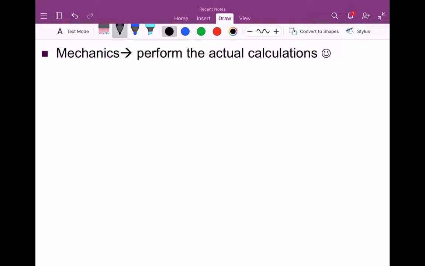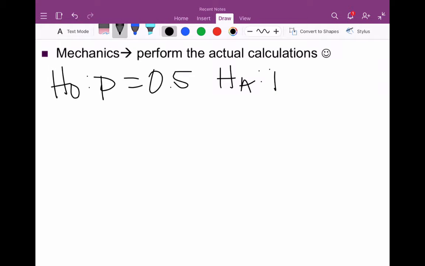Our third step is to perform the actual calculations. In this particular case, it's helpful to have your null and alternative hypotheses right in front of you, so I'm going to go ahead and rewrite them. So my null hypothesis, again, is p equals 0.5, and again, my alternative is that it is greater than 0.5. In order to perform the calculations, we want to calculate our p-value. In order to calculate our p-value, we need a z-score.